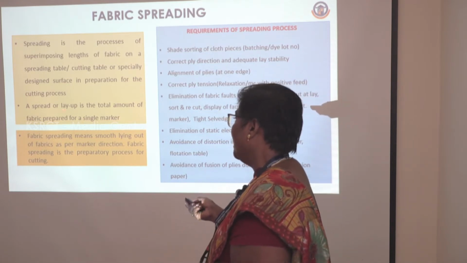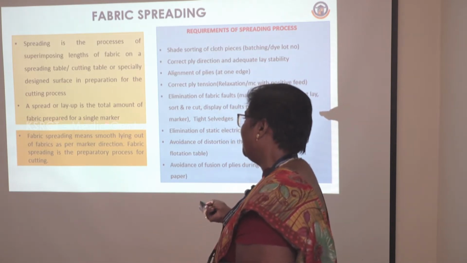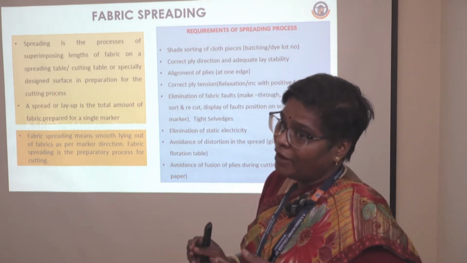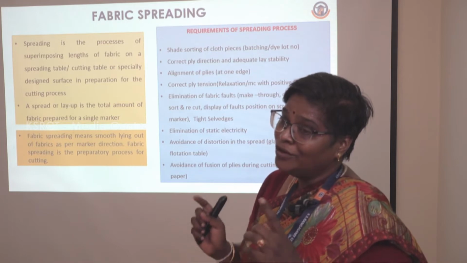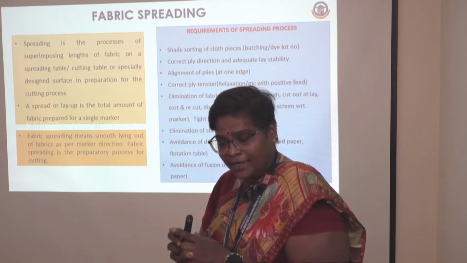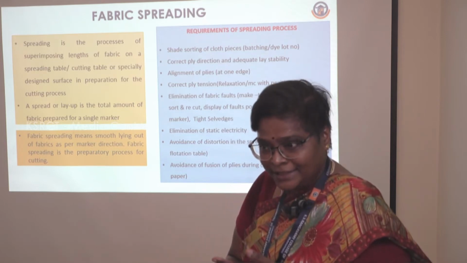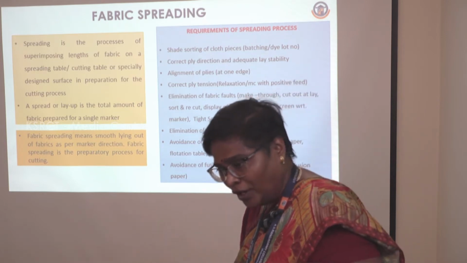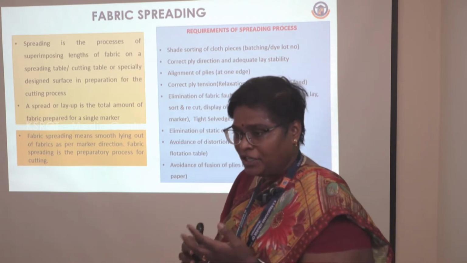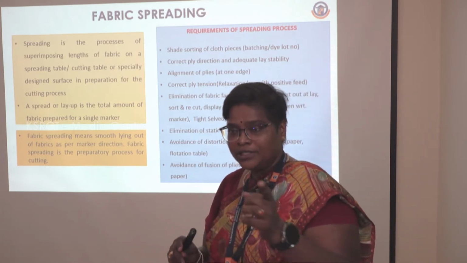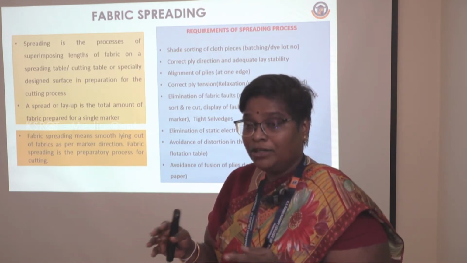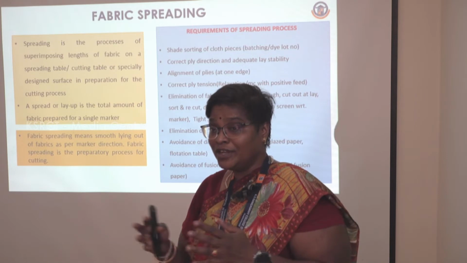A spread or layer is the total amount of fabric prepared for a single marker. That's what I said: the length of the fabric is decided based on the single marker. What is a single marker? In a single marker, you will have sizes from XS, the smallest size of the garment, to the maximum size. For example, a t-shirt. The people sitting in the classroom do not have the same body size, but you would like the same style of garment.